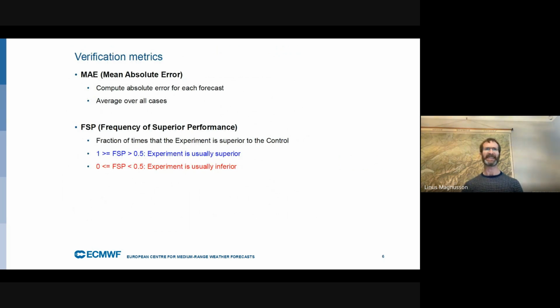So then the next one is when we have run this full period, we have all the tropical cyclones, how we're going to verify them. And what I'm going to present here is a comparison with the mean absolute error averaged over all cases, but after homogenization between all the experiments to make sure that we have all cyclones present in all experiments to be counted in the verification sample.